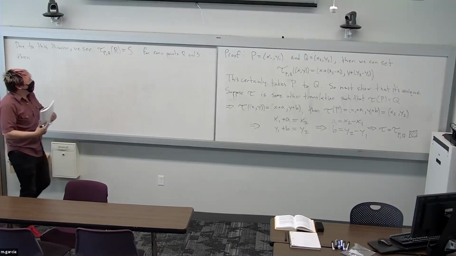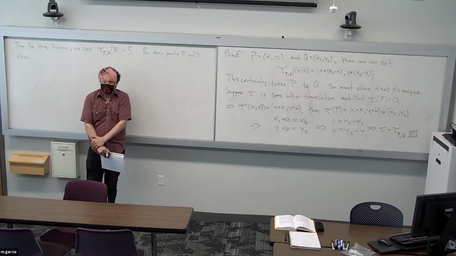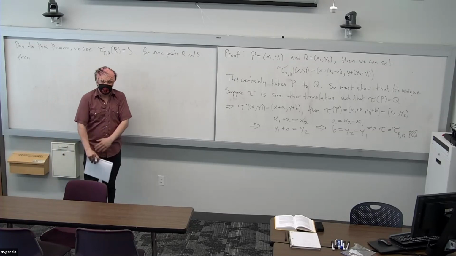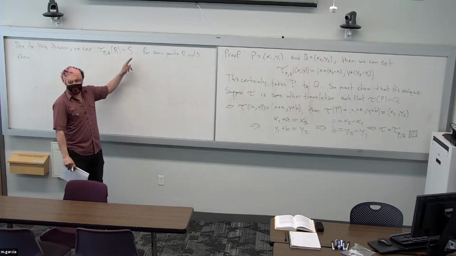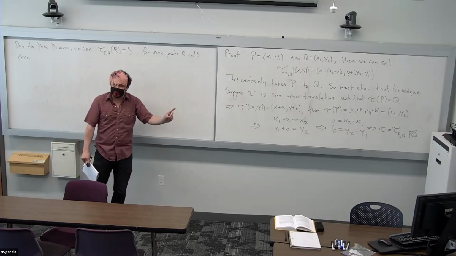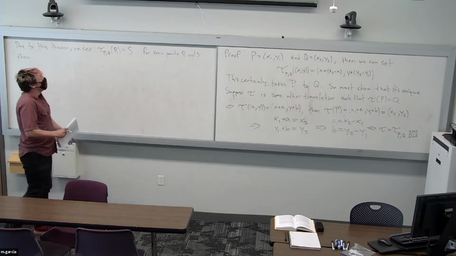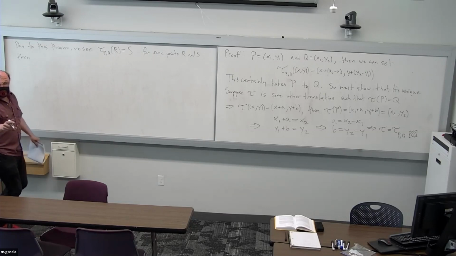Well, tau sub p comma q is a translation, right? It's a translation that takes R to S. And there's only a unique translation that takes R to S. Using Euclid's axiom. Well, that'll come in when we talk about collineations.